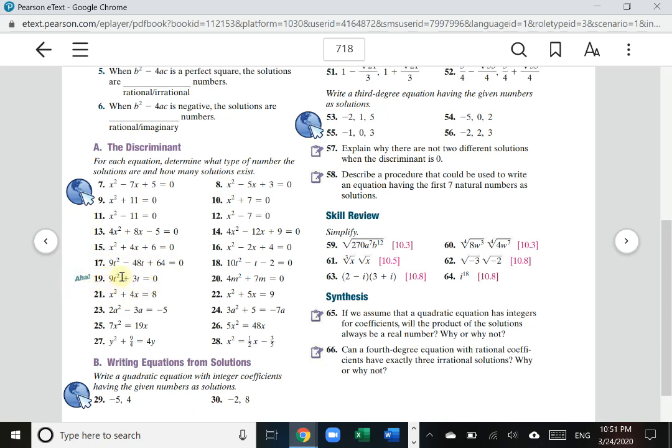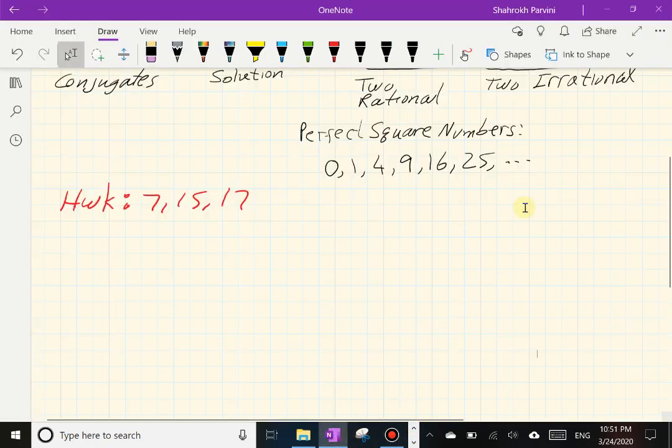I'm not sure what the aha moment would be on this one, so maybe one of you can try it and let me know. Okay, so we're going to do numbers 8, number 16, and number 18. Those are the ones we're going to take a look at. So let me go back to my notepad, and here we go.